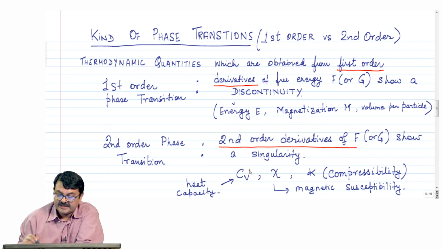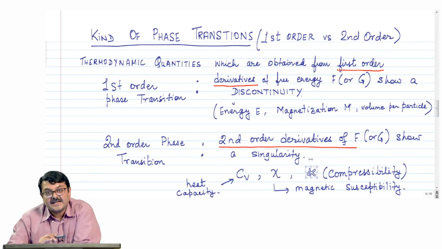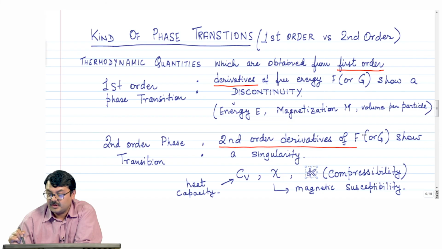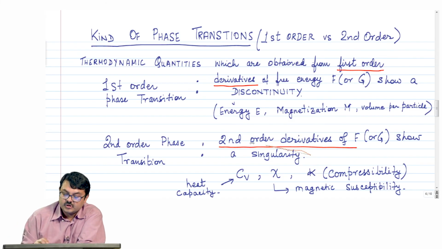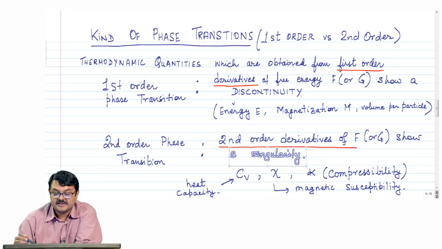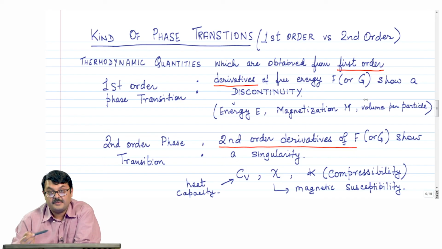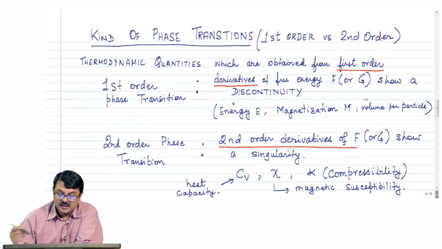These quantities like Cv, chi and compressibility are essentially second order derivatives of the free energy, and these show a singularity. Okay. For second order phase transitions, quantities like energy and magnetization, whatever be the relevant thermodynamic quantities, do not show any discontinuity.